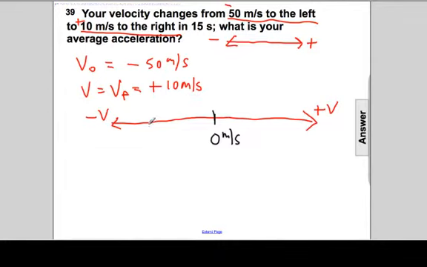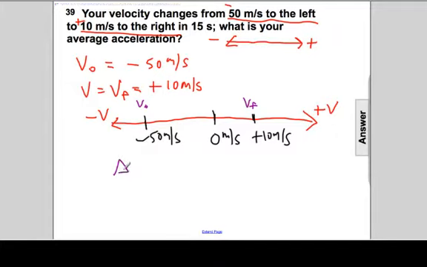It's going to be over here in negative territory, so I'll call that negative 50 meters per second. And over here in positive territory, we'll be at positive 10 meters per second. Let's label. V naught is negative 50 and VF is 10.